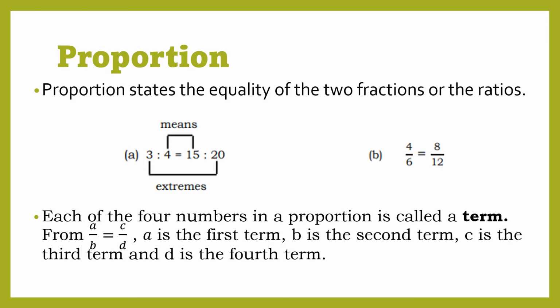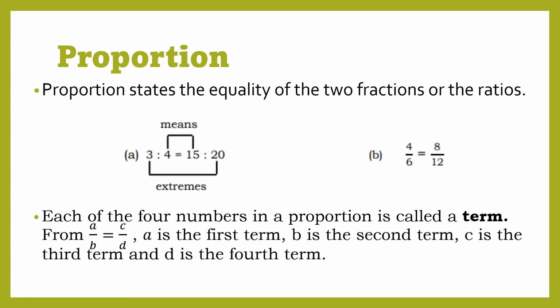From A over B is equal to C over D, A is the first term, B is the second term, C is the third term, and D is the fourth term. The equal sign is used to equate the two ratios or the two fractions.